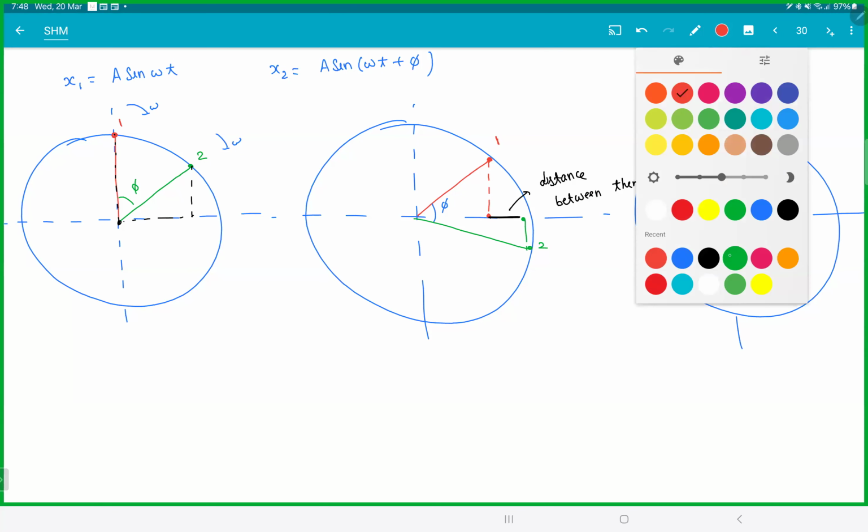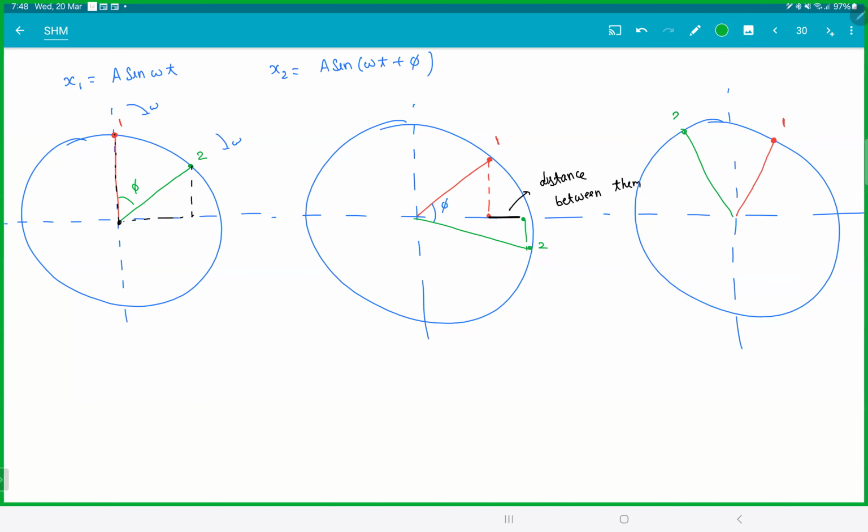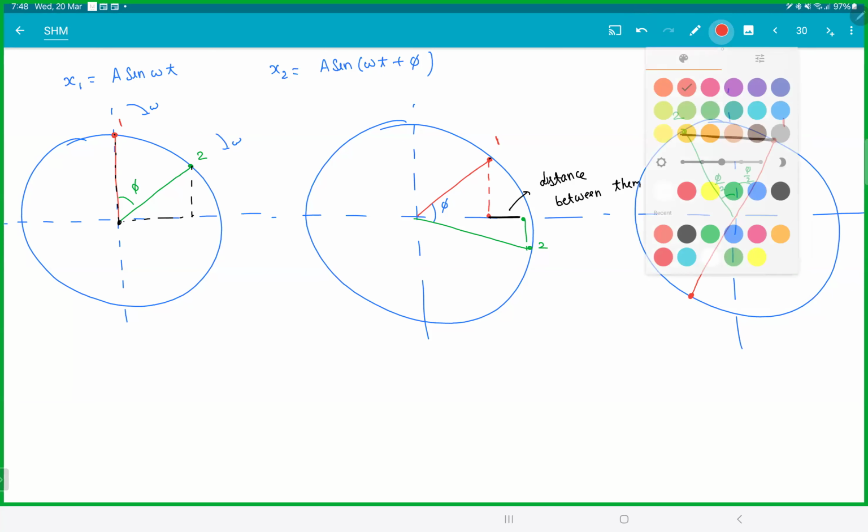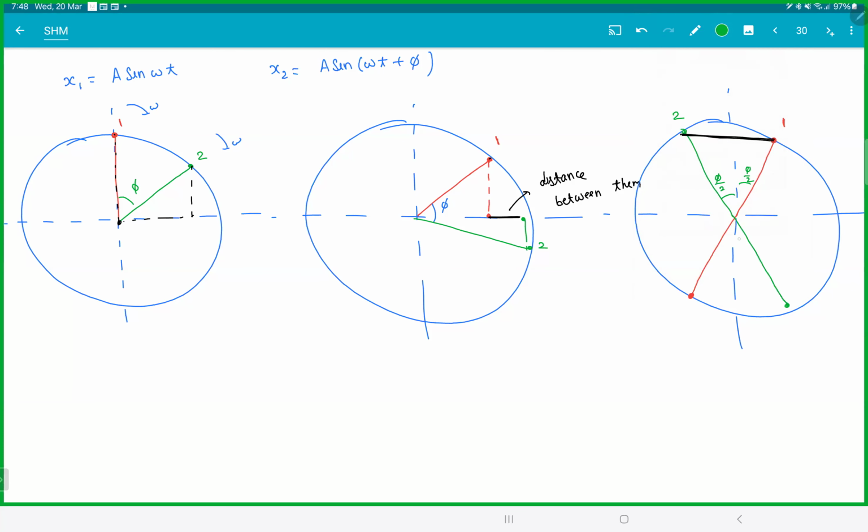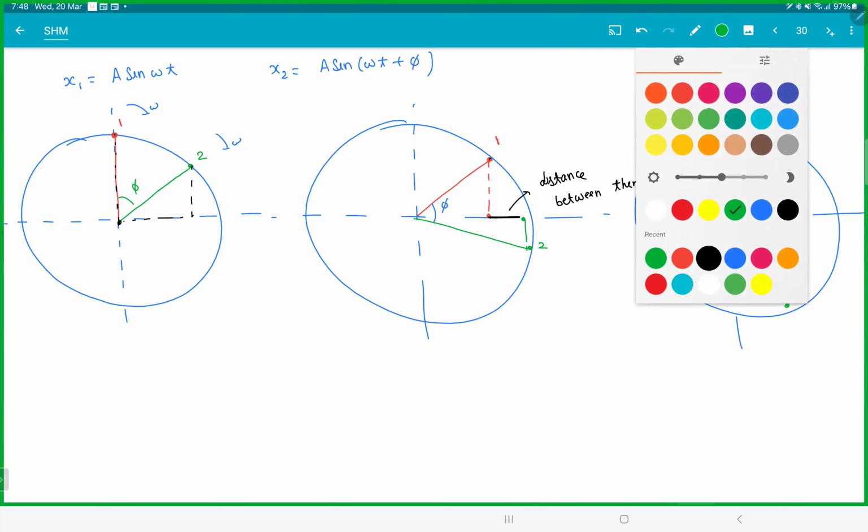If one is here and 2 is here, exactly symmetrically, phi by 2 and phi by 2, isn't this the maximum distance you can get? Because always whatever is this length, uska projection hai na? This possibility, or when you're here and when you're here, again same thing, angle is phi by 2 and angle is phi by 2.